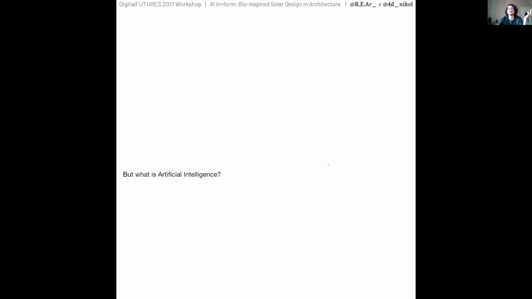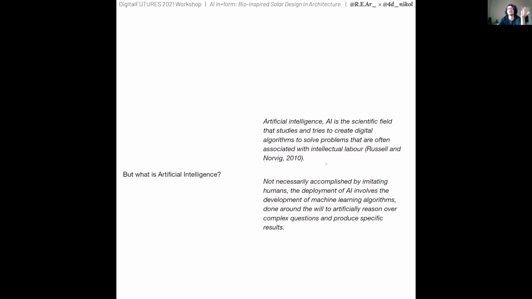So what is it? Well, artificial intelligence is most of all a scientific field. It's not like an entity, a digital entity, as it might seem to be, but it's more like a scientific field of study. And it's focused on studies that try to create digital algorithms to solve problems that are often associated with intellectual labor, even if that's human or bio-inspired.